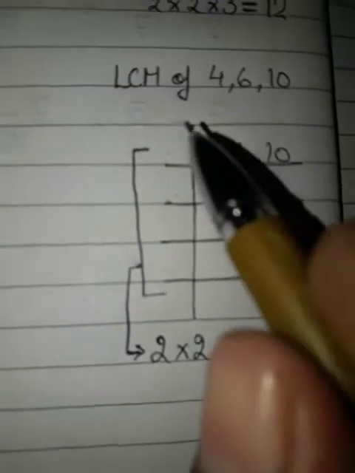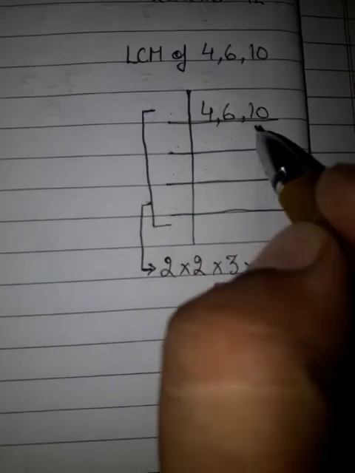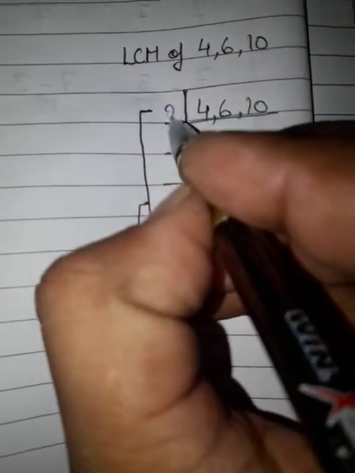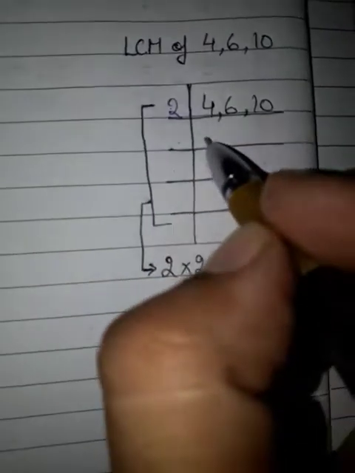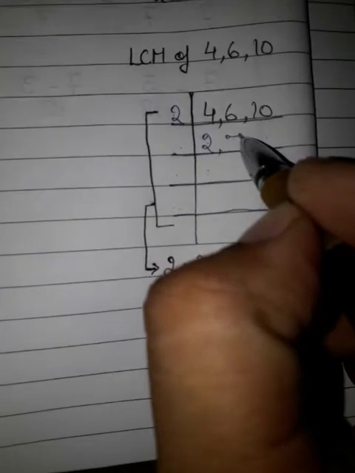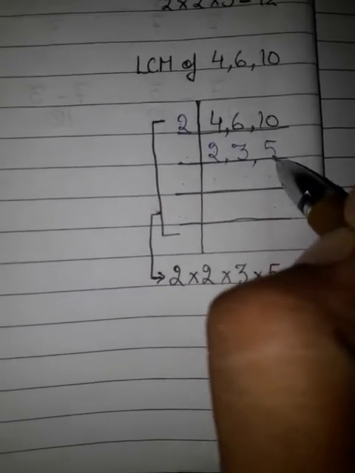The same process we will apply. We find that prime number which can divide all the 3 numbers. That is 2. With the help of 2 we will divide. We know that 2 2s is 4, comma, 2 3s is 6, comma, and 2 5s is 10.